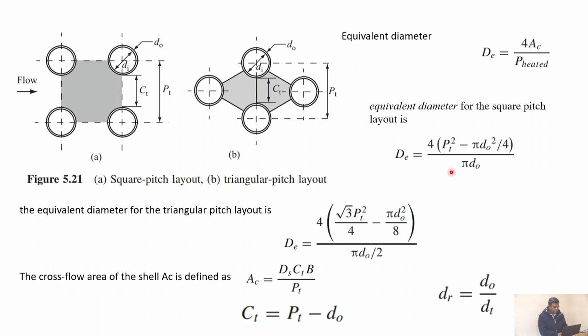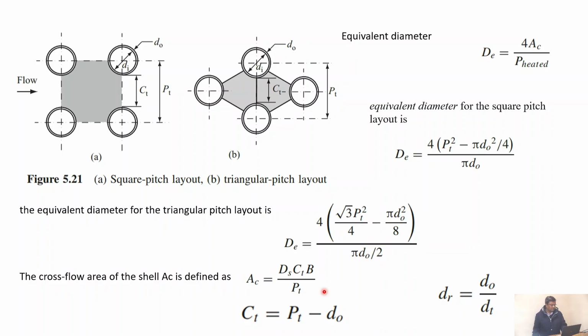Now apart from what we have already seen, all dimensions, this has a Di, this has also got a Do. Now there is also a cross flow area of the shell, which is defined like this.